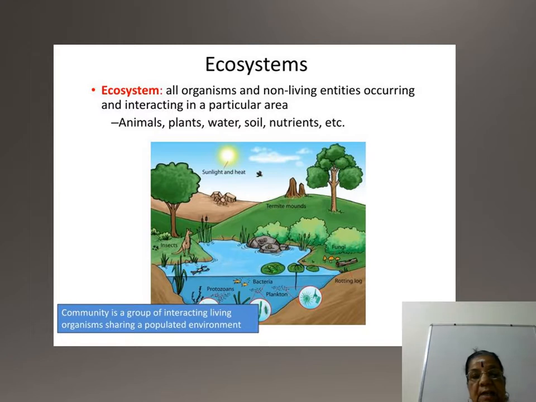In the aquatic form, the plants and animals are called planktons. The plants are called phytoplanktons, the animals are called zooplanktons. Are you clear? And community is a group of interacting living organisms sharing a populated environment. I hope you understand this. So this is another definition for ecosystem.